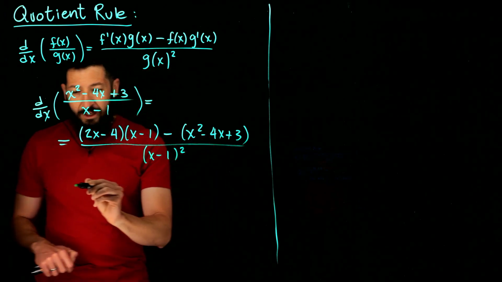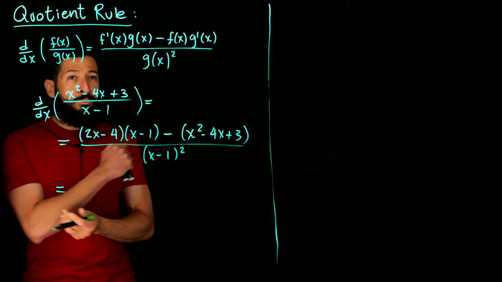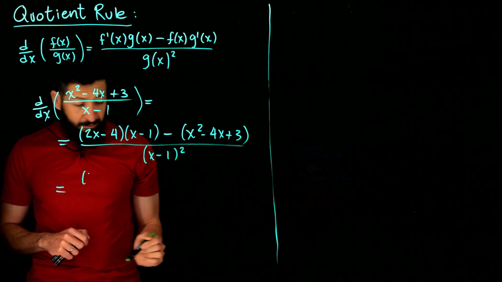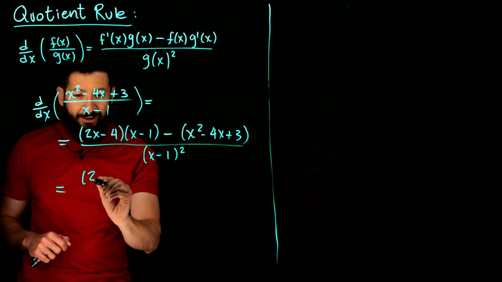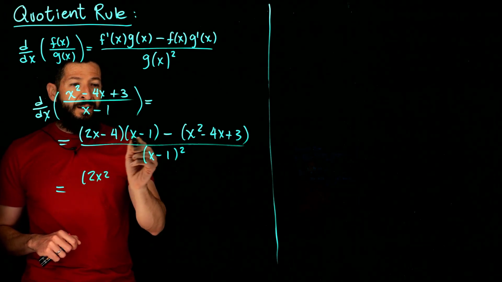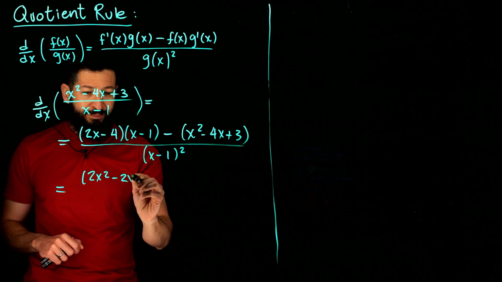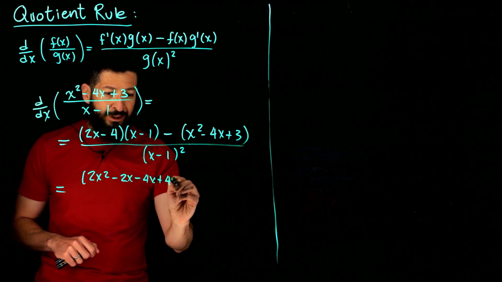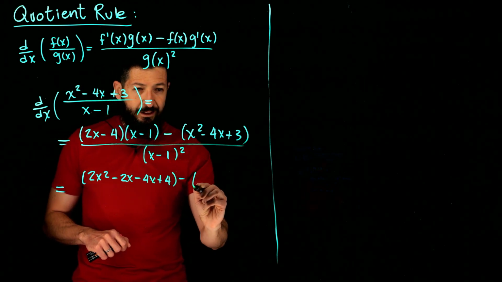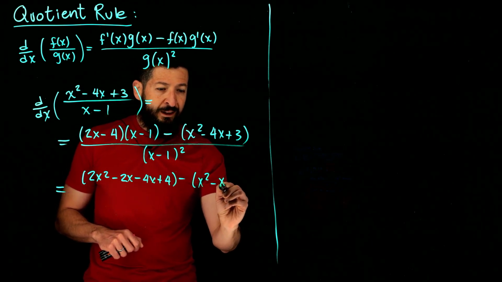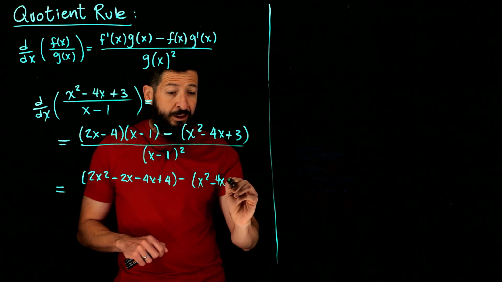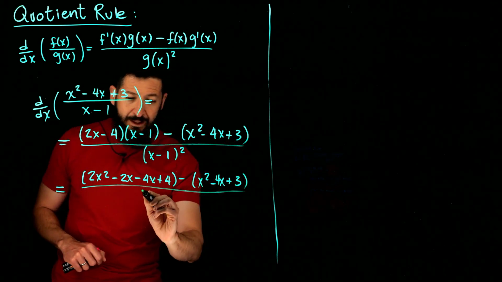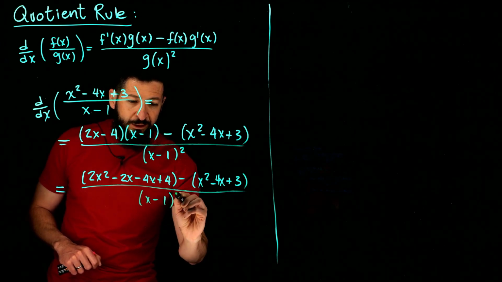And then you do some algebra. We're going to FOIL the first expression out, and we get 2x squared minus 2x minus 4x plus 4, minus x squared minus 4x, sorry, I dropped the 4, plus 3, all over x minus 1 squared.